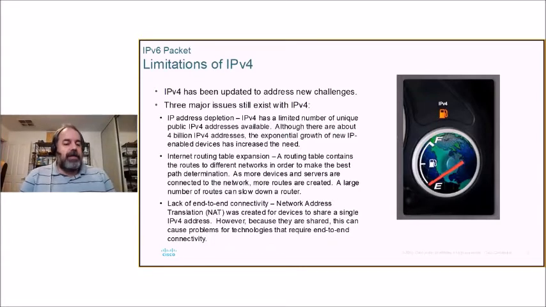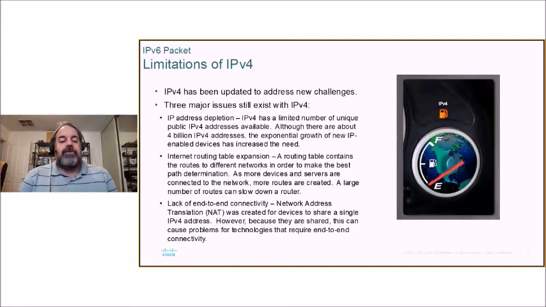So its major problem is IP address depletion, and so there are 4 billion possible addresses, not all are available actually, but of course there's 7 billion humans on the planet or more, and so instantly we've got a problem. And of course, how many of us have just one IP address? Not many. We've all got a computer, a laptop, a phone, a tablet, all these things. So yes, we do need more than 7 billion addresses.